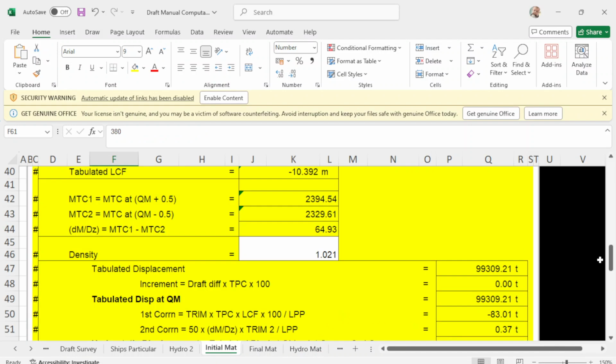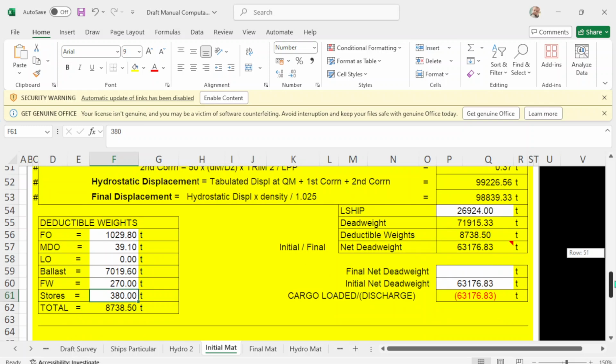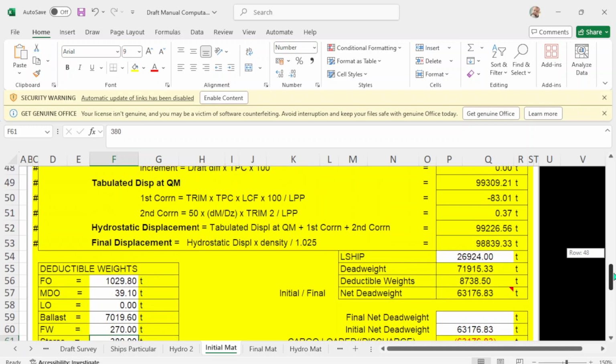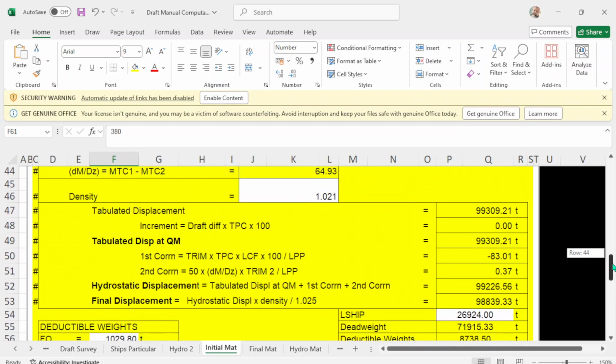And your density correction is 0.9989. Check this one.